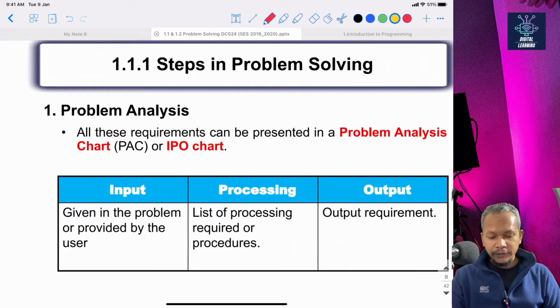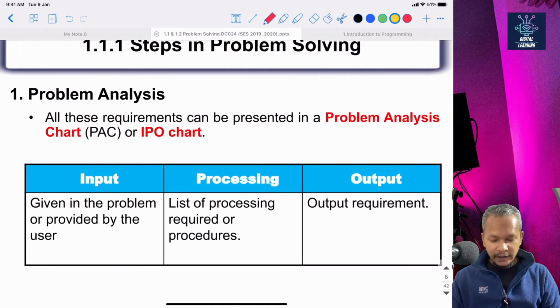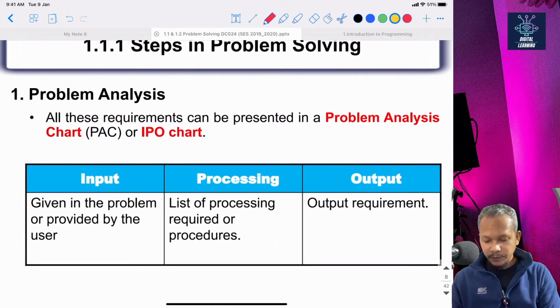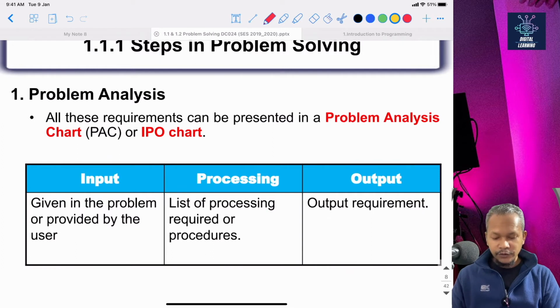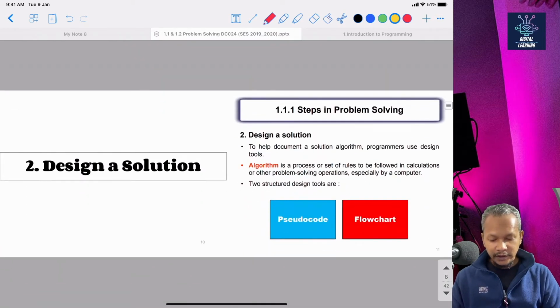All these requirements can be represented in a problem analysis chart, PAC, or what we call an IPO chart. Usually we write in this table the input given in the problem provided by the user, the list of processing requirements or procedures, and then the output requirements.